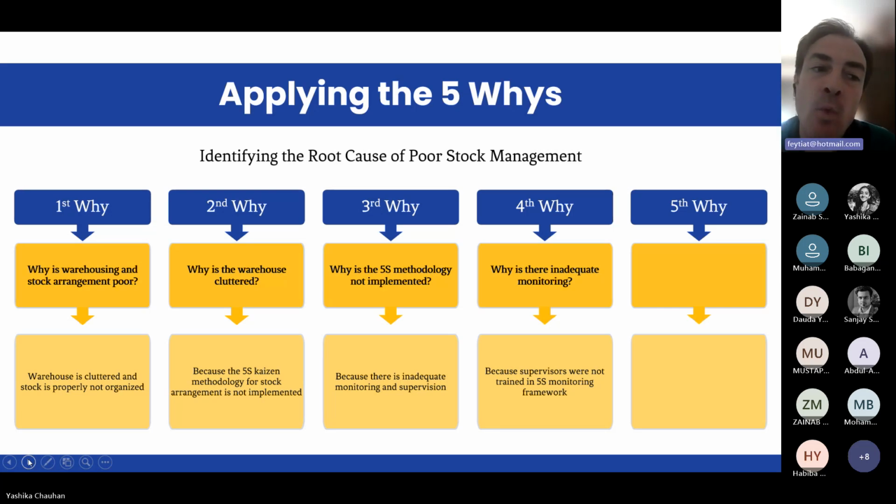So for me, the first why and the second why are too similar, and you could have merged them because the answer of the first why is almost a synonym to the first why question. That means the second why question is almost the same. Cluttered and poorly arranged is the same. Make sense?